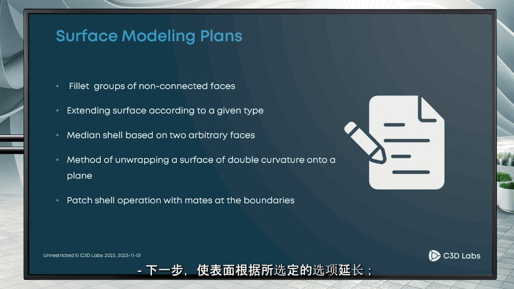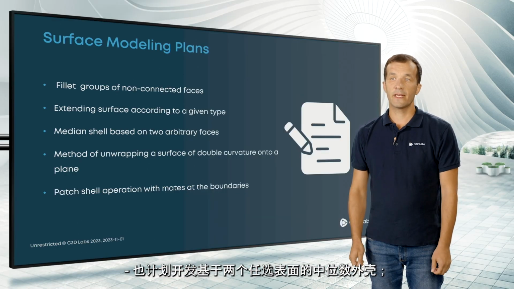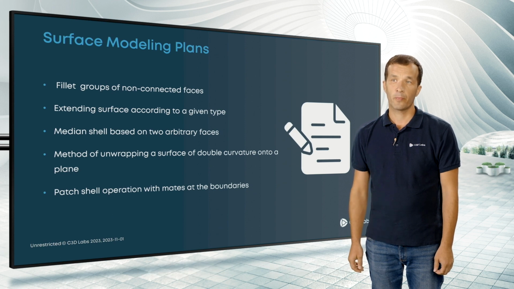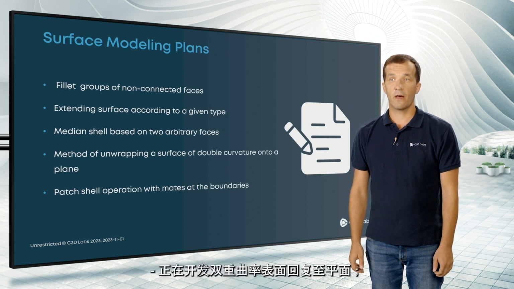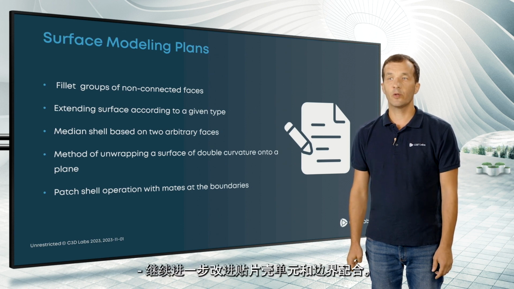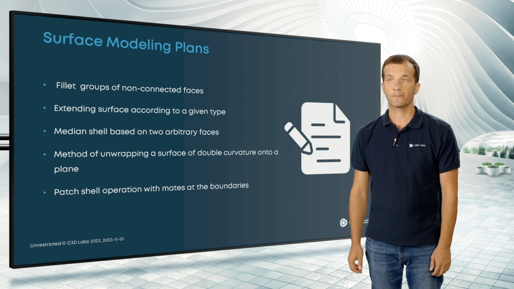Next, a planned activity is extending a surface according to a given type. Median shell based on two arbitrary faces is also planned to be developed. Already in development is a method for unwrapping a surface of double curvature onto a plane. Activities will continue on patch shell with boundary mates.